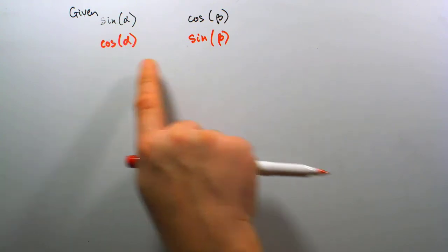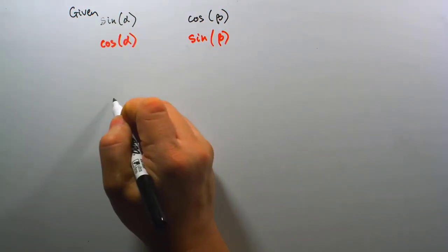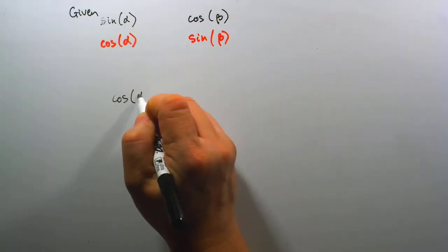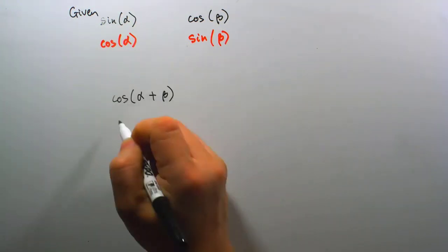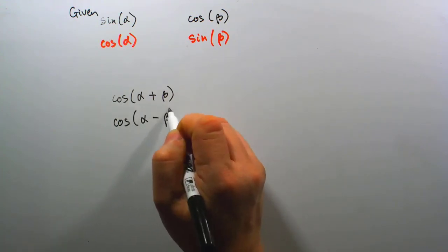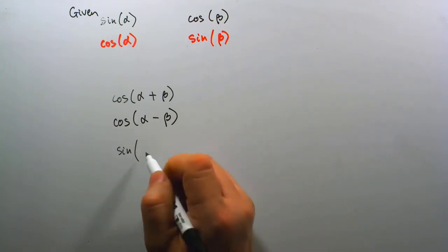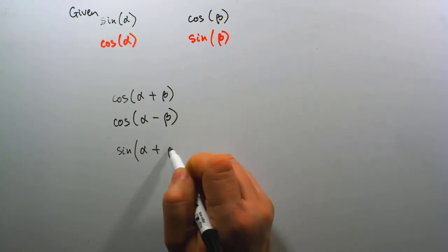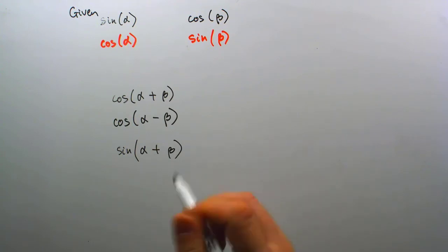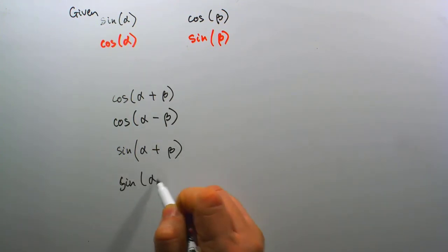And once you've found the missing partners, your problem can ask you to find cosine of alpha plus beta, or cosine of alpha minus beta, or, just like what we've done in this problem, sine of alpha plus beta. Whichever case happens, or sine of alpha minus beta.